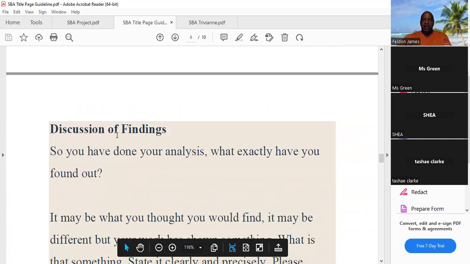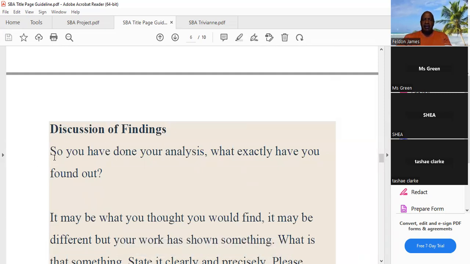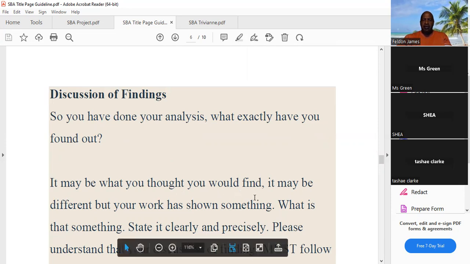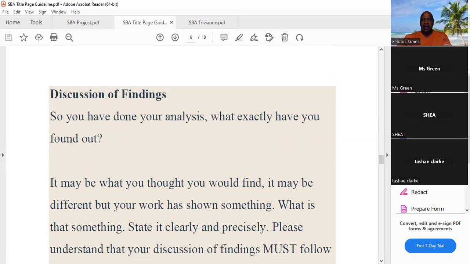Then you do your discussion. So, discussion of findings. Now, you have done your analysis. What exactly have you found out? It may be what you thought you would have found out. That means if you make a declarative statement about what you found out, is it based on what you had thought?